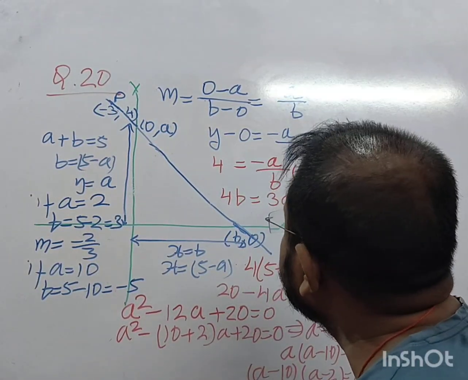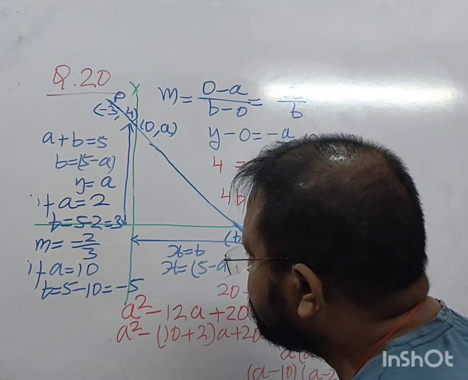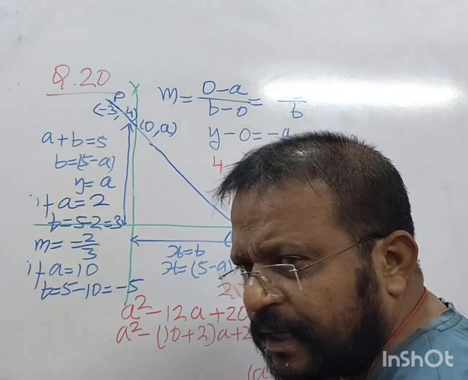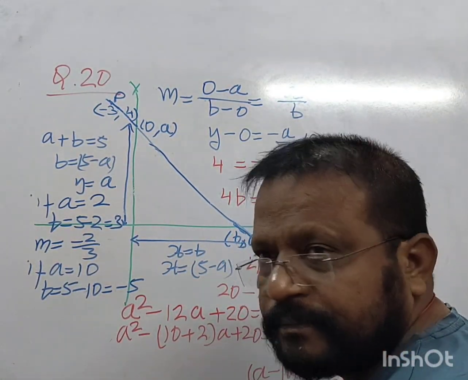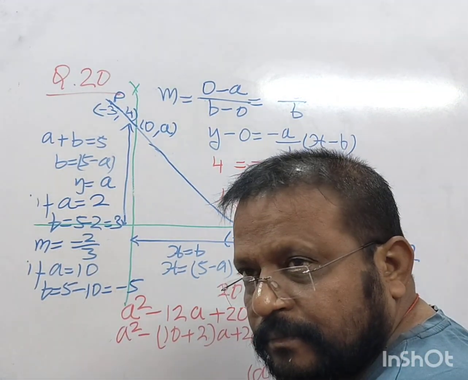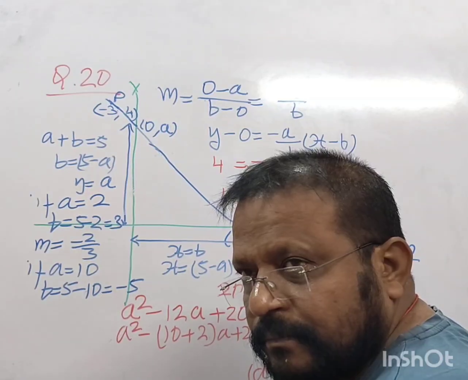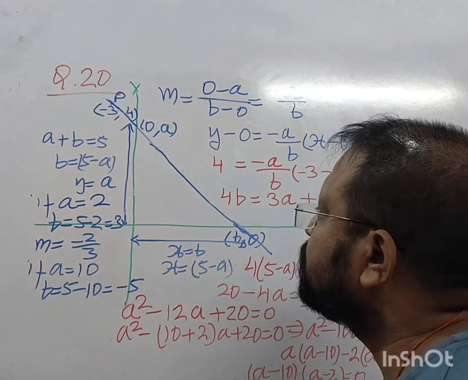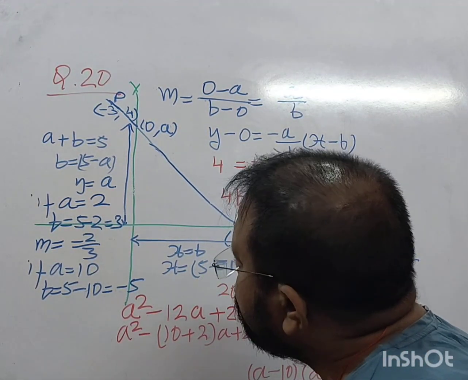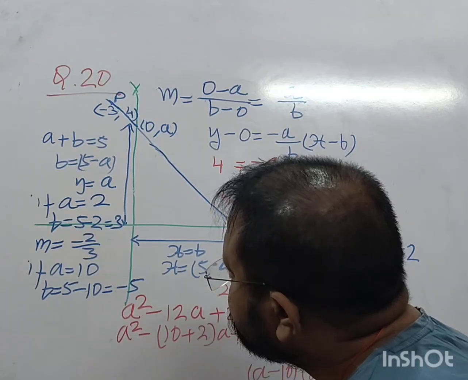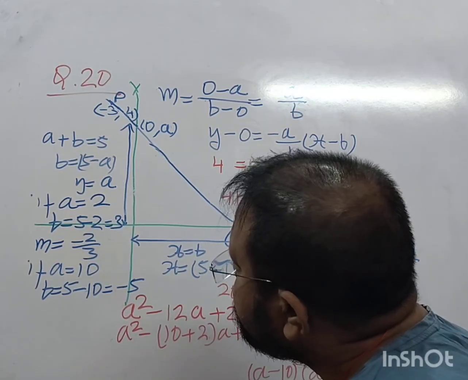So there are two equations coming. What are the values of b? 5, 2. Minus 5 and 3.